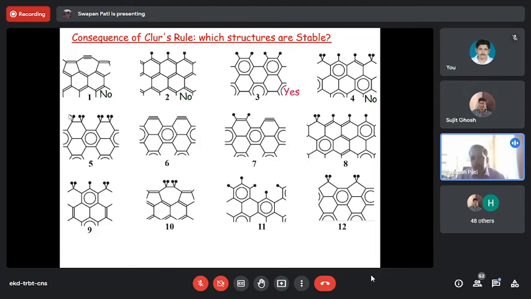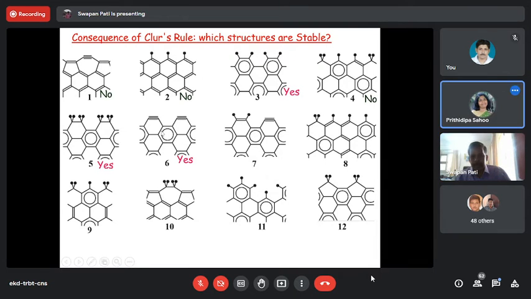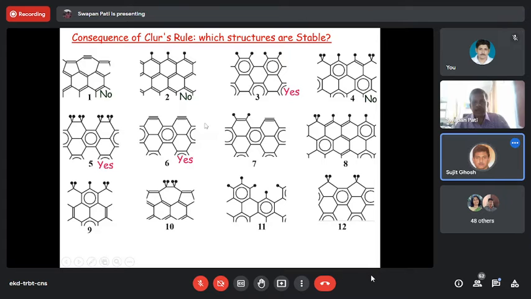Sir, no, actually, because these other ones have a double bond there. Fifth one? Yes. Sixth one? No. Because look, sir, at the surroundings of these two. Okay, the middle one. Sir, but there is a triple bond. The triple bond is in the other ring on the other side. Okay, sir.